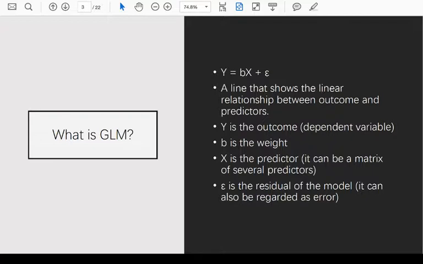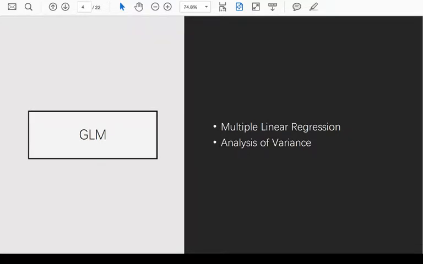And epsilon is the residual of the model, or it can also be regarded as errors in some different philosophical thoughts.